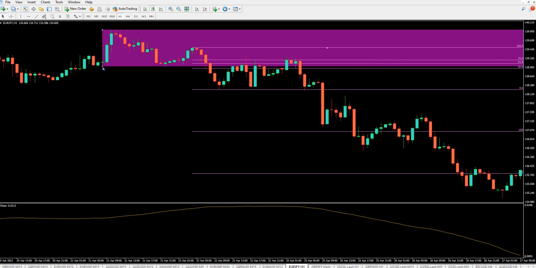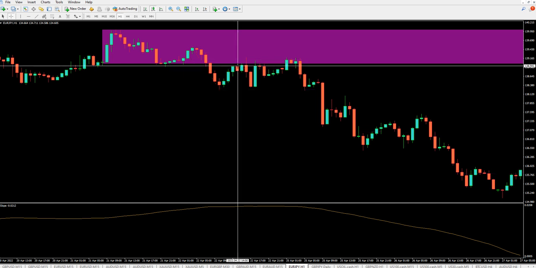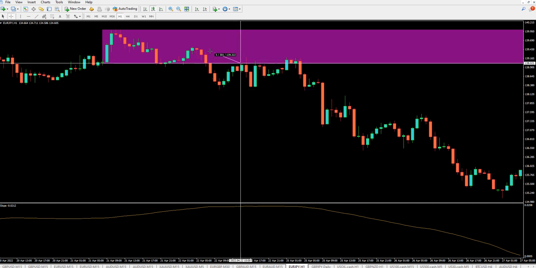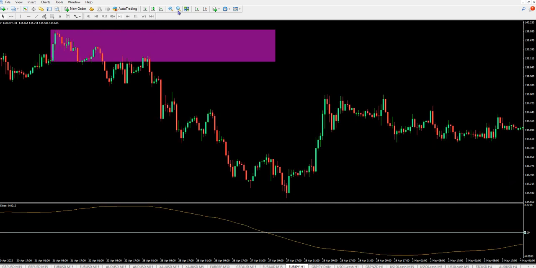So let's say you took a conservative entry at the 61.8 with your stop above the high here. About 100 pips. Well, excuse me.